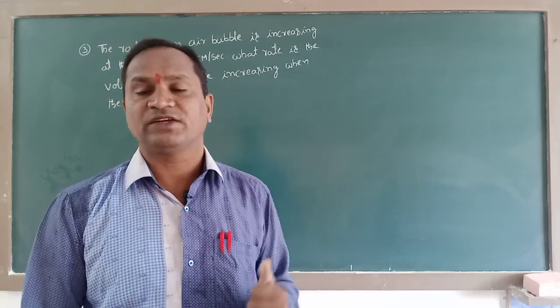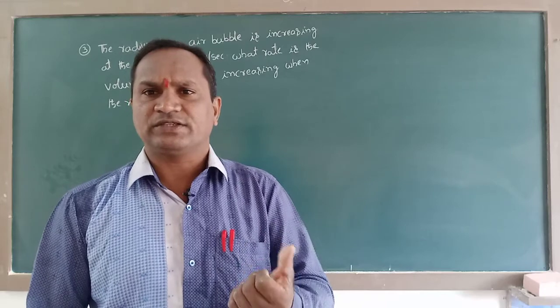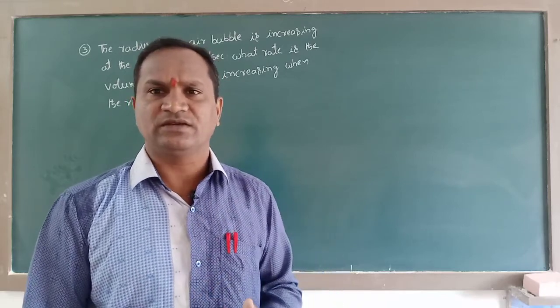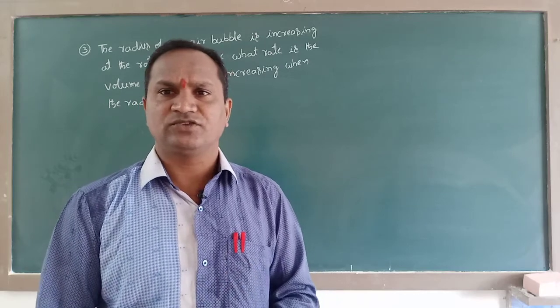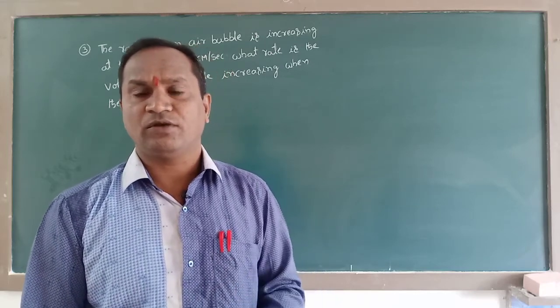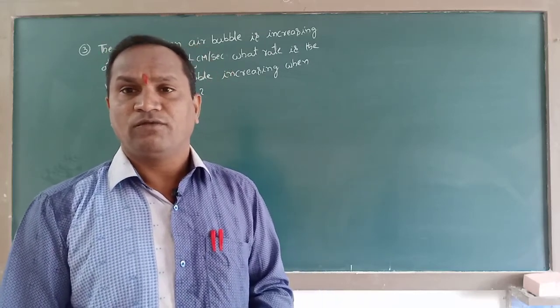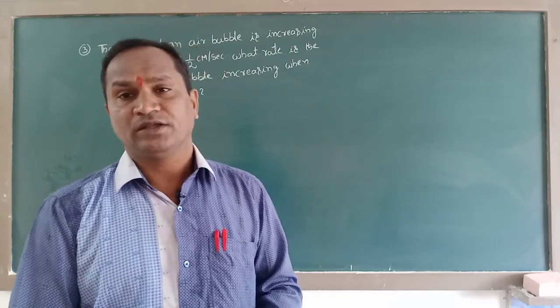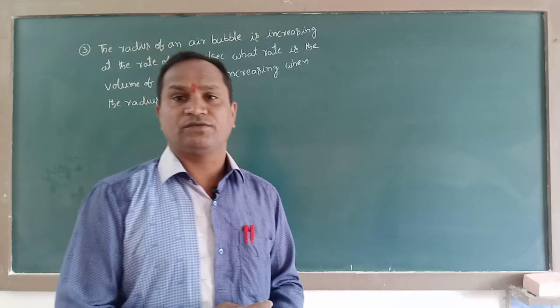Otherwise, instead of x, we can consider r also, no problem. Then the volume of the sphere becomes V is equal to 4/3 pi r cube. We need that formula, and from that formula we are going to find the rate of change of volume. Now let us give the solution for this question.